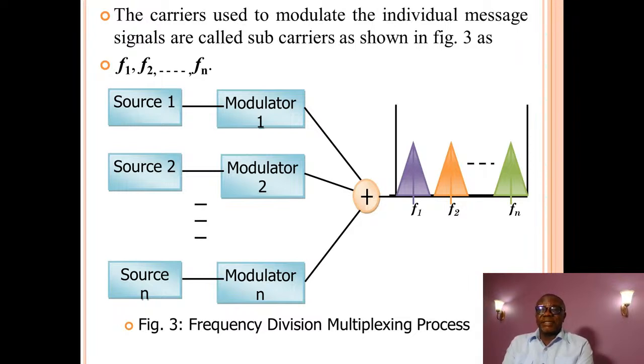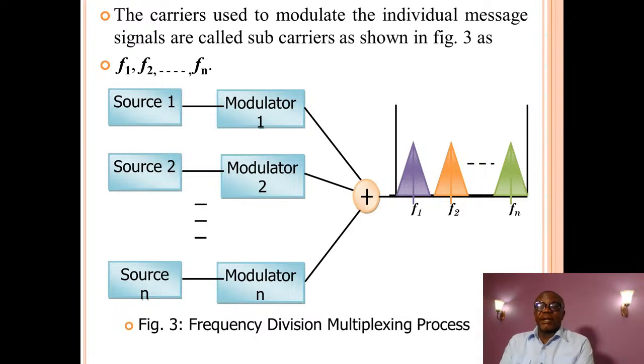If you look at the channel, we have used purple color to represent channel 1, which has frequency F1. We have used orange color to represent channel 2, which has frequency F2. We have used green color to represent Fn.